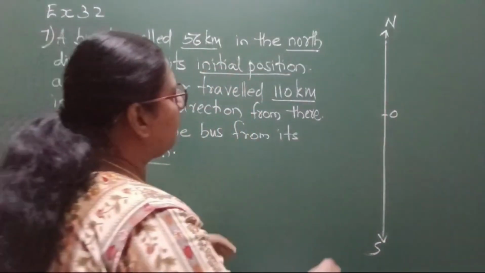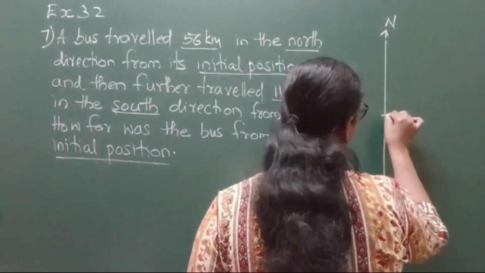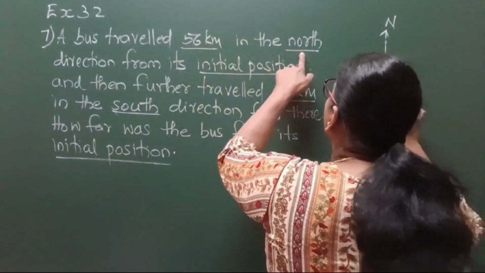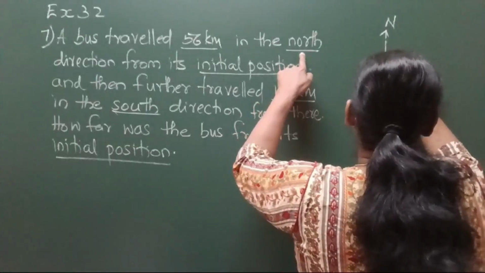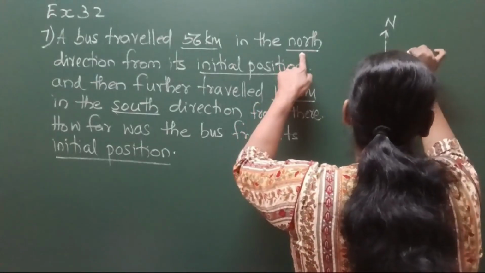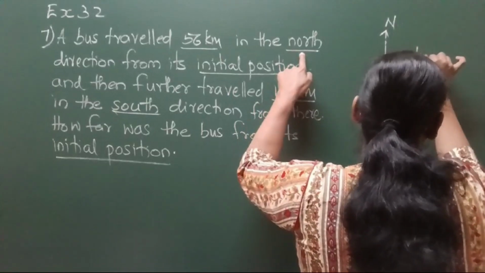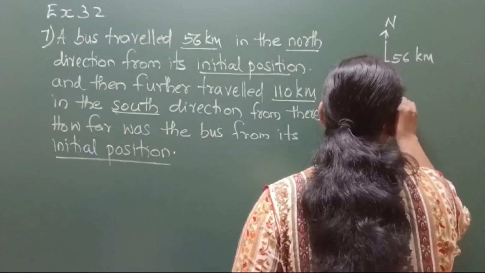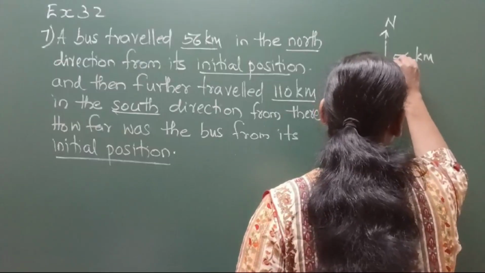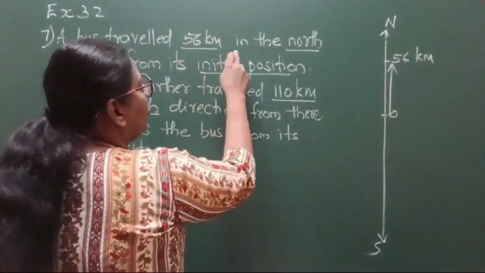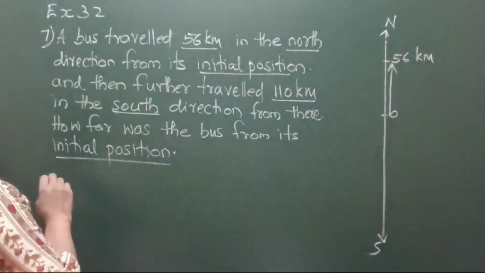From here the bus travelled how many kilometer? 56 kilometer in the north. So I will mark here as 56 kilometer. From the initial point the bus travelled 56 kilometer in the north.